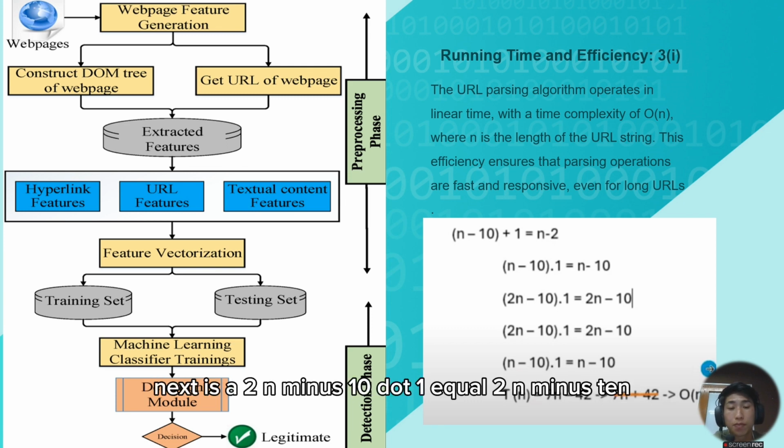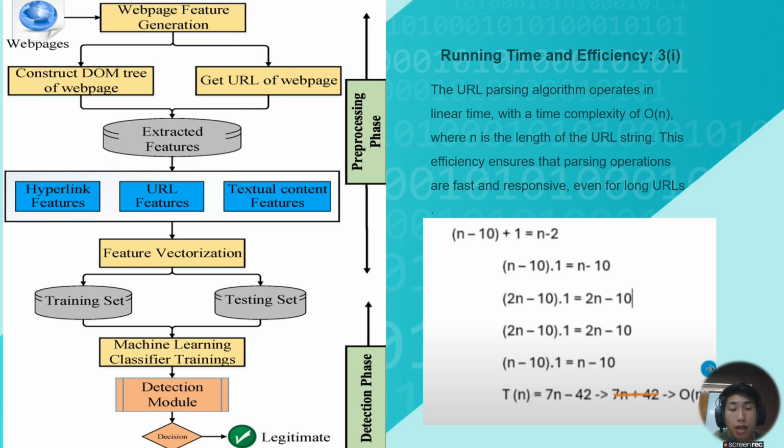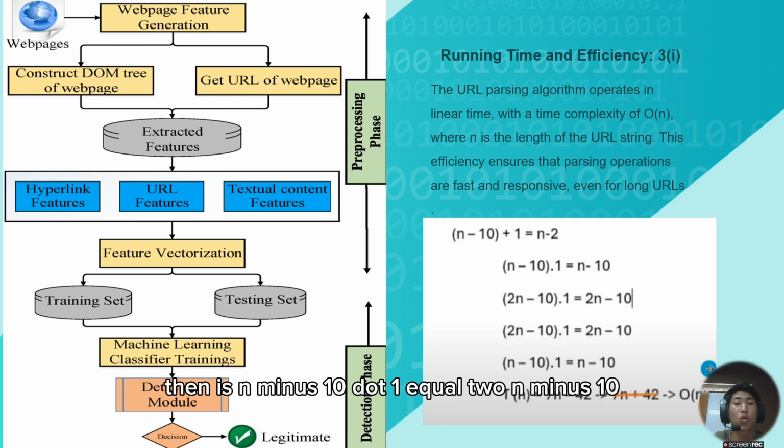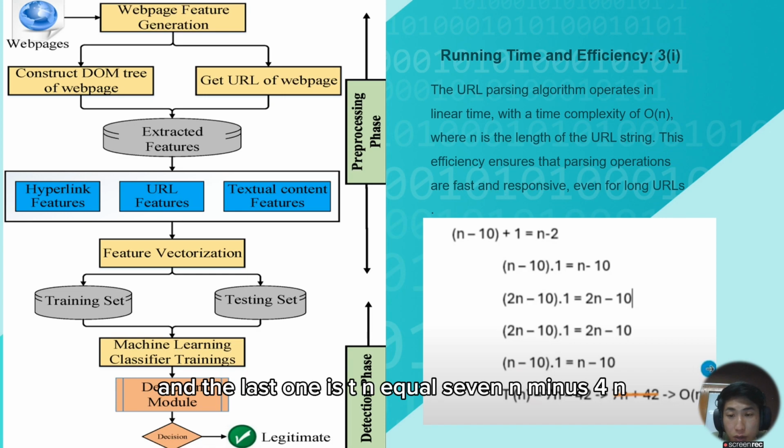Next is 2n minus 10 dot 1 equal 2n minus 10. Then is n minus 10 dot 1 equal to n minus 10. And the last one is T(n) equal 7n minus 4n.